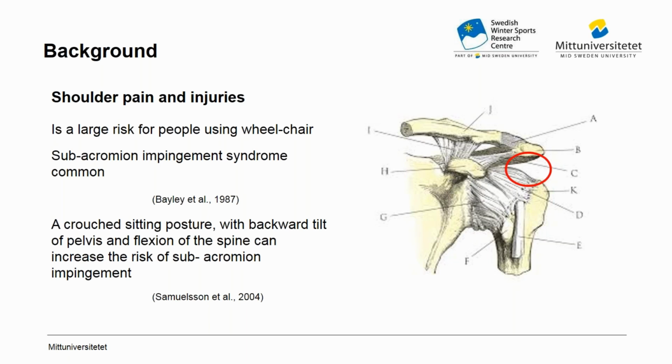This syndrome means that the space between the head of the humerus and the acromion arch, which I have marked as a red circle here in the figure, is reduced, and thereby both the muscles and the nerves are compressed, and this causes pain. It's also known that a crouched sitting posture with a backward tilt of the pelvis and a flexion of the spine can increase the risk of subacromial impingement syndrome.